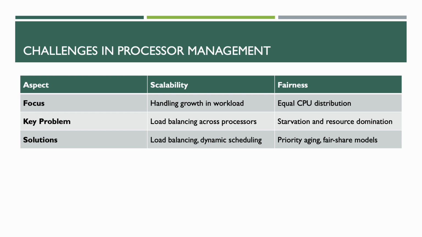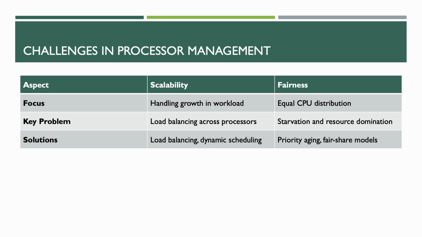Then fairness, which means equal CPU distribution. Every process should get a fair share of CPU time, but some processes may starve while others dominate CPU usage. And what is the solution?